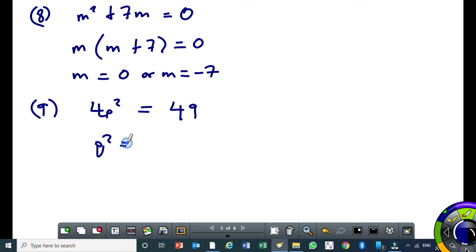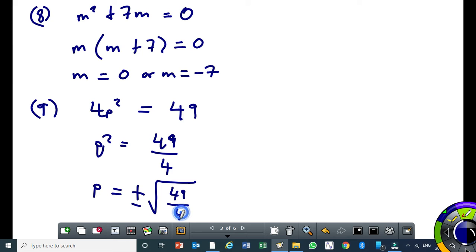So this becomes p squared equal to 49 over 4. Then you take square root on both sides. But be aware that the square root of any number is a positive and a negative. So it will be the square root of 49 over 4, and the answer for p will be equal to plus or minus 7 over 2.